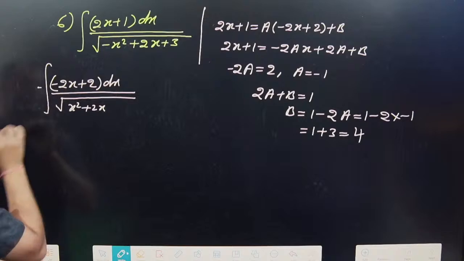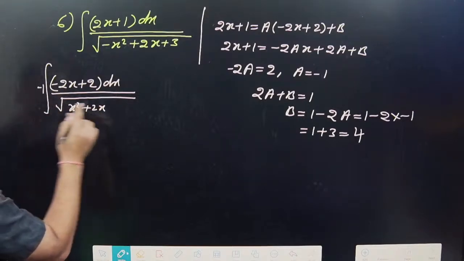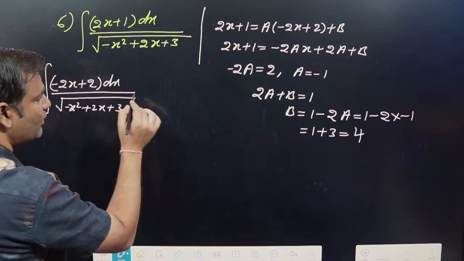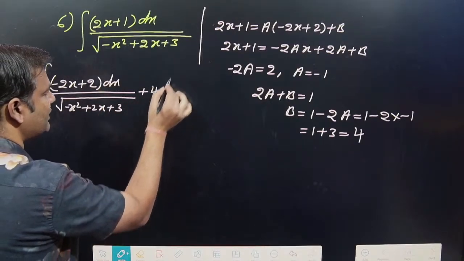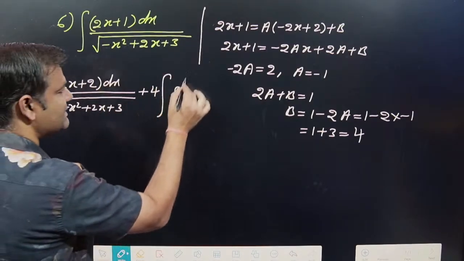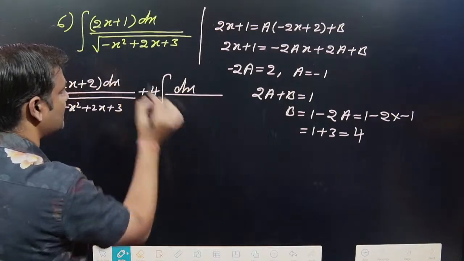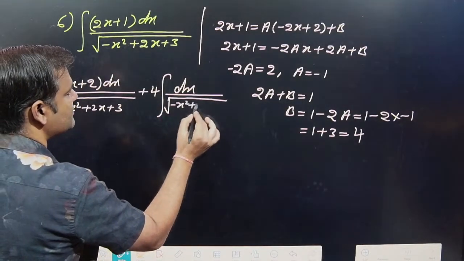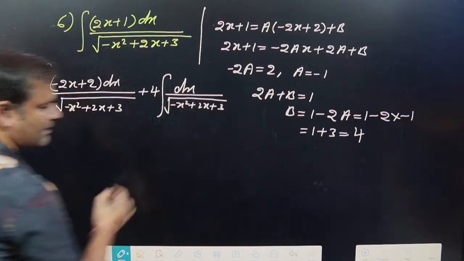Here a is minus 1, so minus 1 into something, okay, here minus and plus 3. What about b? B basically 4, so 4 into dx divided by how much, this one written minus x square plus 2x plus 3, okay.